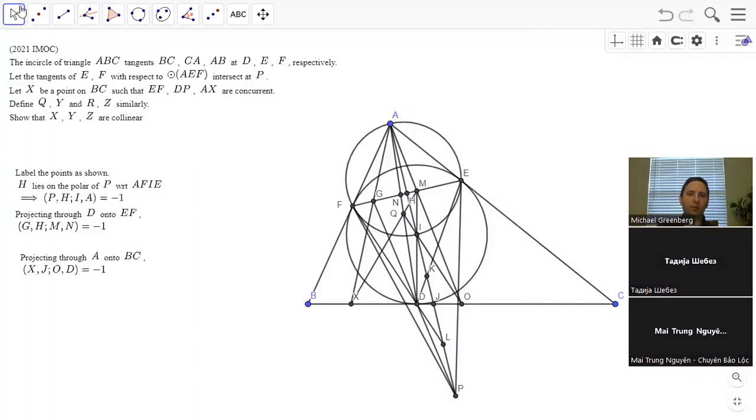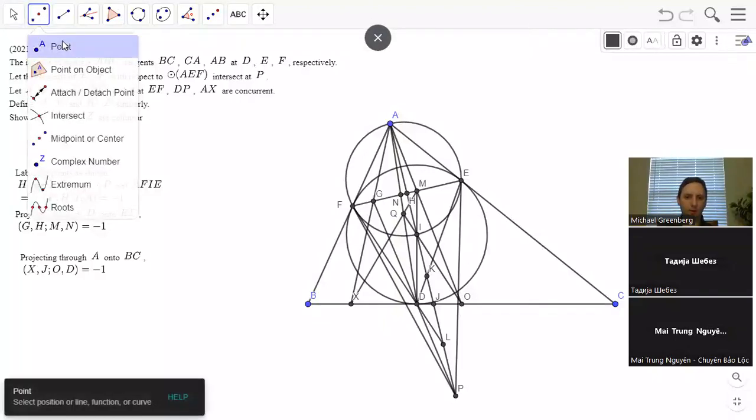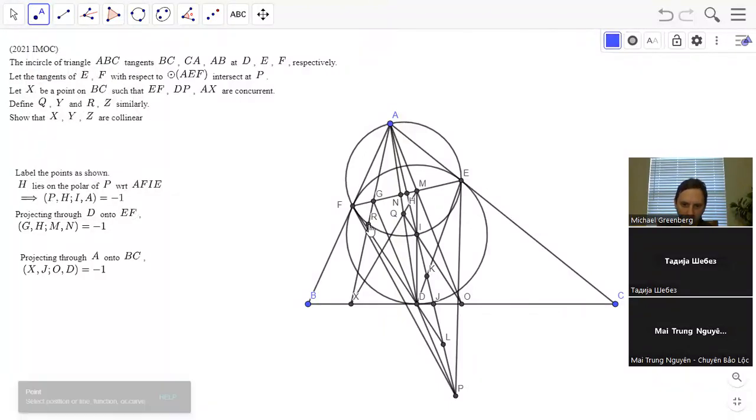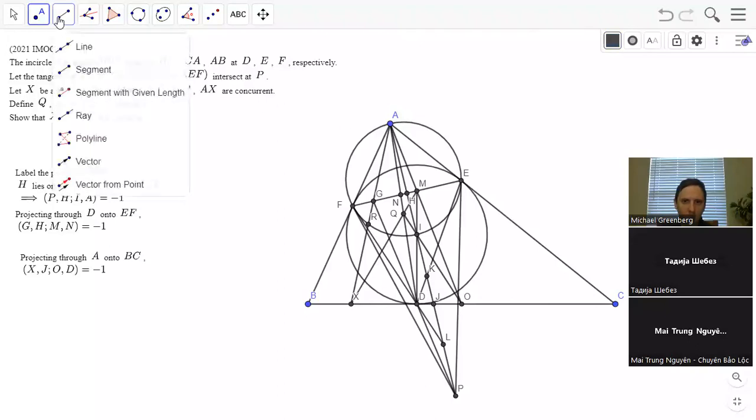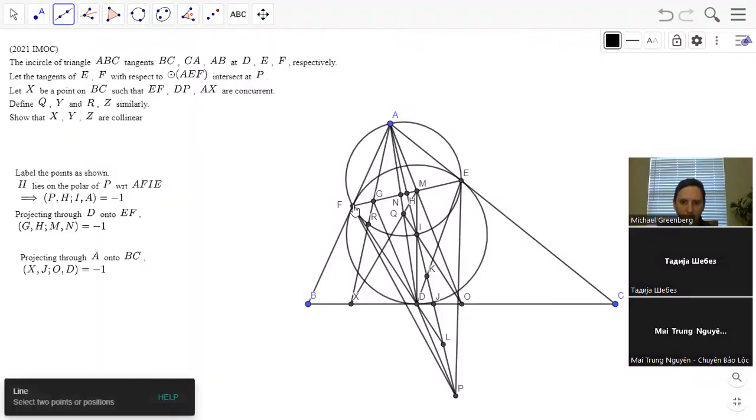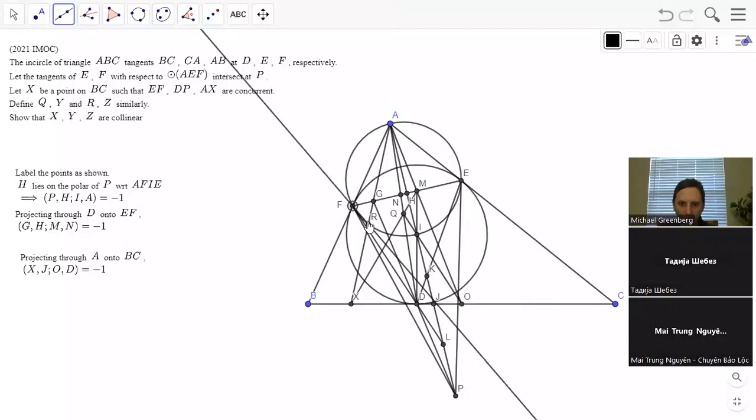I kind of want to draw this point right here. Oh no, I don't think it does much.